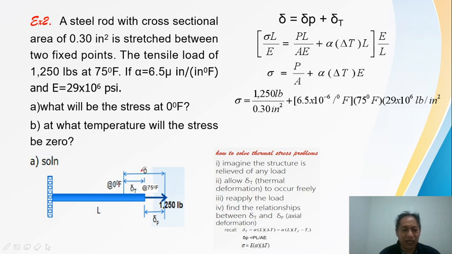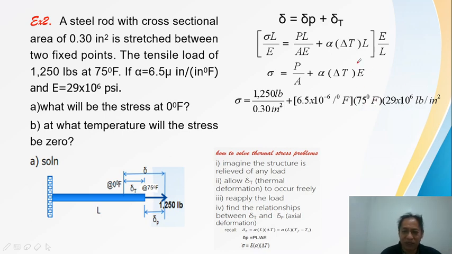So if 0 is the final temperature, 0 minus the initial 75, there is a value of negative 75, but for dimensions we just put the absolute value. Okay? So we have 75 degrees Fahrenheit. So Fahrenheit is out. The unit for the second term will depend on the modulus of elasticity.